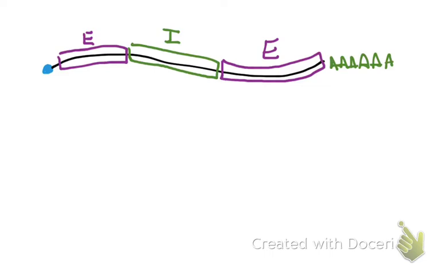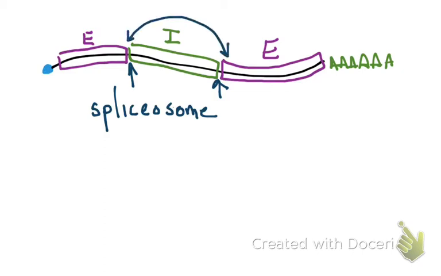And so what the cell is actually going to end up doing is it's going to employ the use of enzymes and RNA, a complex known as the spliceosome. And the spliceosome is going to recognize sequences at these junctions of the intron and exon. It's going to cut the intron out, and it's going to paste back together these two ends of the exon. And so these spliceosomes actually have some what we call nuclease activity, which allows them to cut the RNA, and they also have ligase activity to paste the RNA back together.